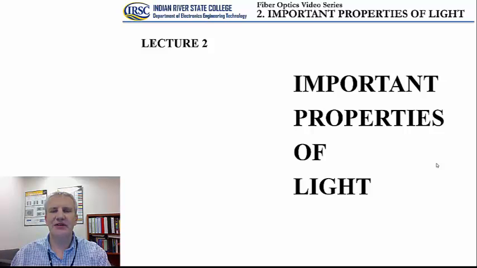So from that aspect, it's very important to understand the way how light generally behaves and what are the important parameters and important quantities or variables that would define the properties of light. So that is basically the topic of today's lecture.